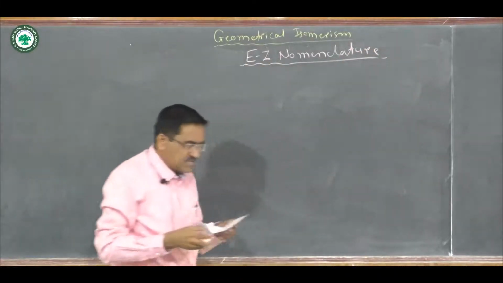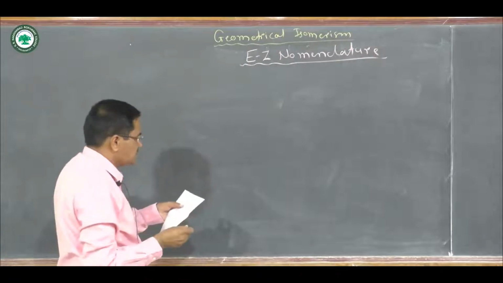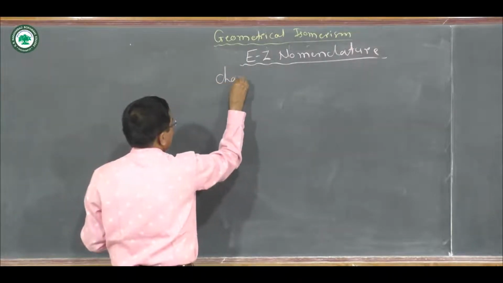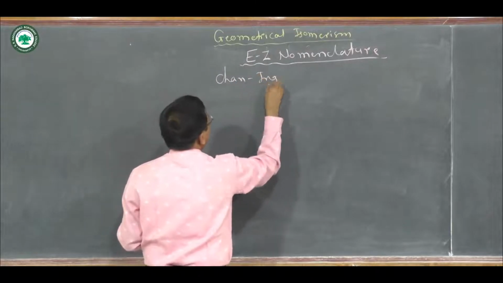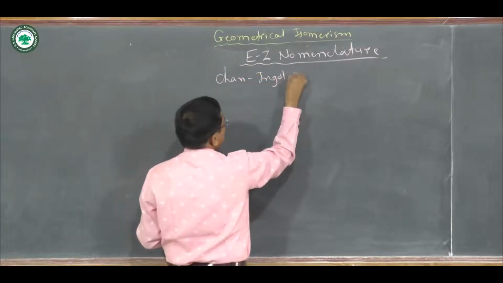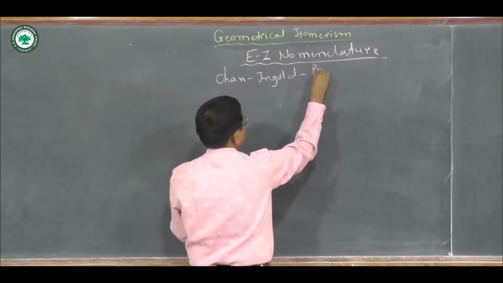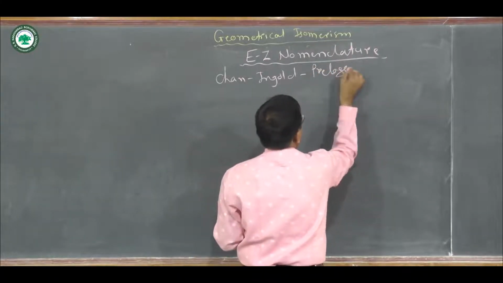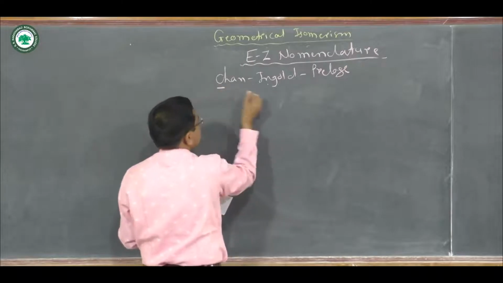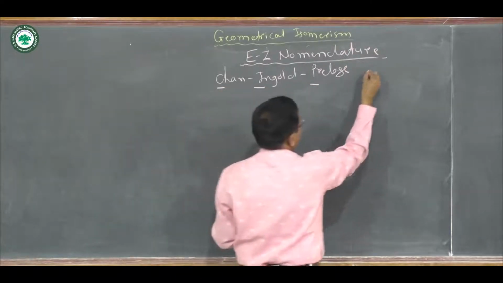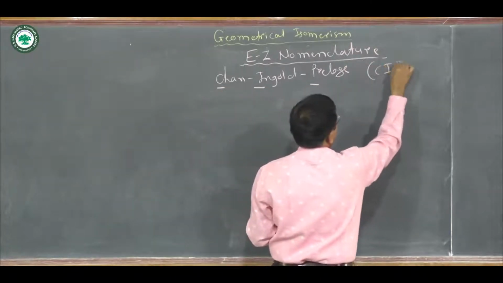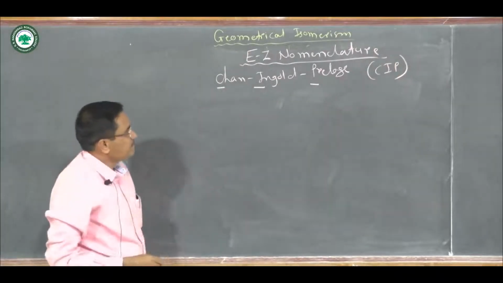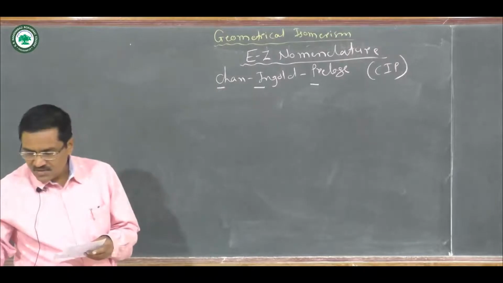This EZ nomenclature system was developed by Cahn, Ingold and Prelog. So this system is called CIP, that is Cahn, Ingold and Prelog.